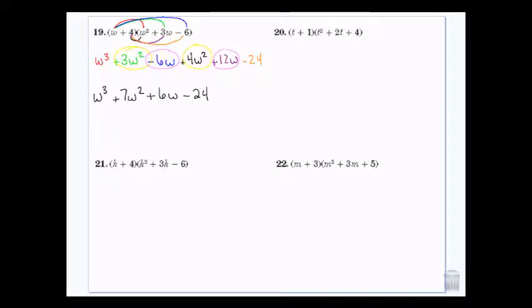Okay, so let's do another one of these. I have k times k squared, which will give me k to the third. And then I have k times 3k, which will give me 3k squared. K times negative 6, so negative 6k.